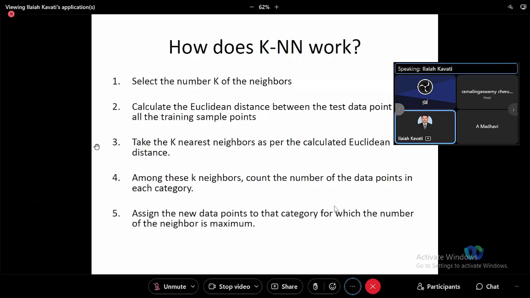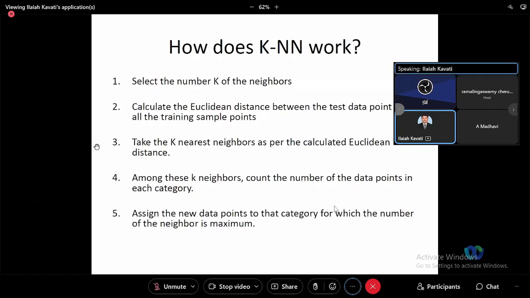The first step in the KNN algorithm is we need to choose the K value. Suppose in our department, I need to identify whether a person belongs to CSE or ECE or EEE. How can I say? Based on my sitting place, my cabin.